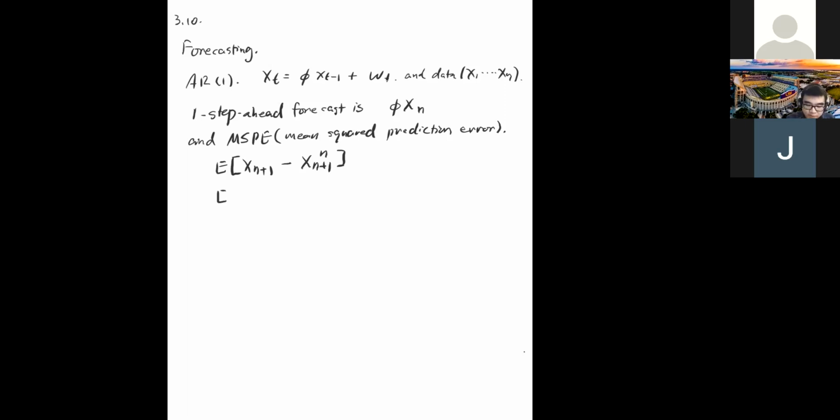So this equals E[(x_{n+1} - phi x_n)^2].